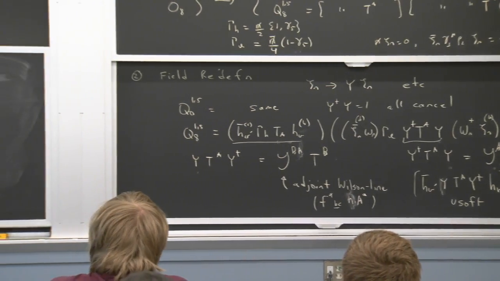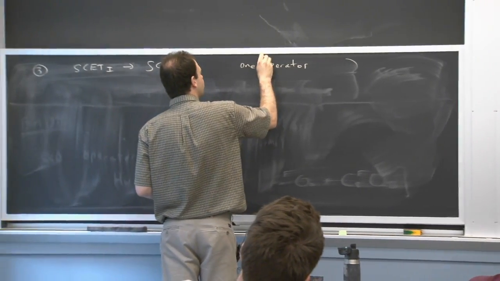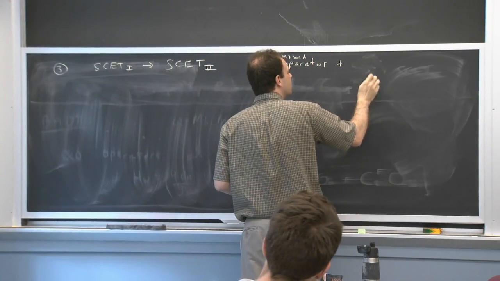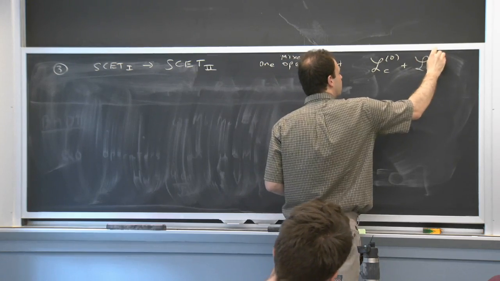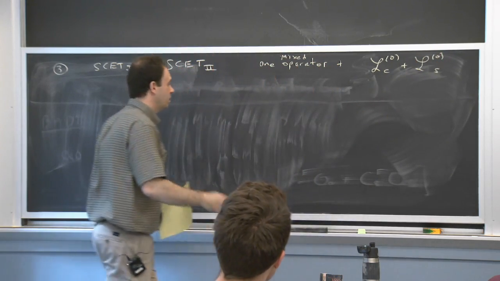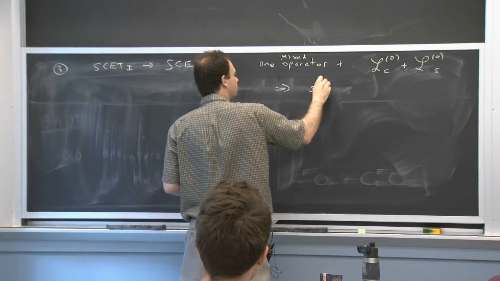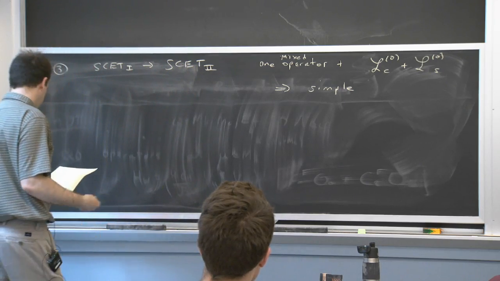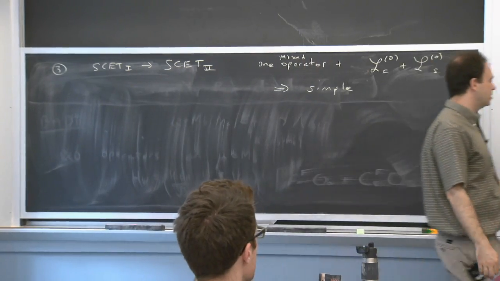So we have one mixed operator plus L0 linear and L0 soft, and those things are already decoupled, and so this is simple. And so we simply replace y's by s, renaming it soft instead of ultra soft. Really nothing is changing.